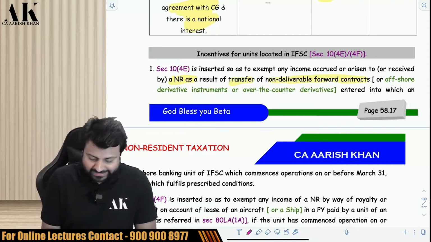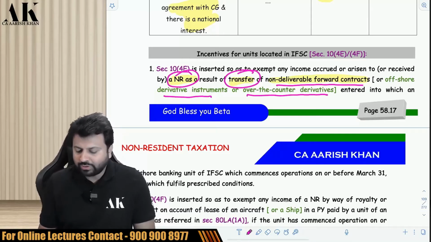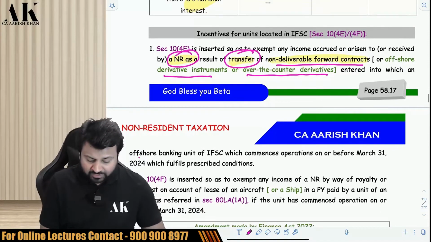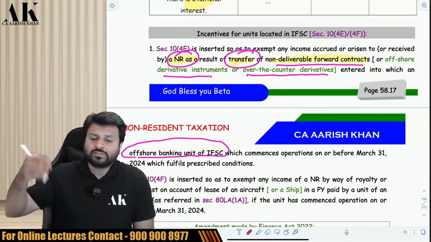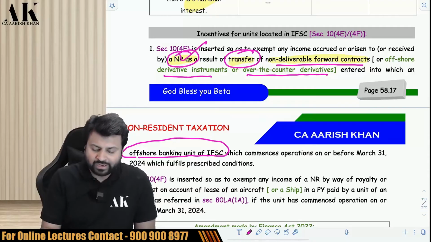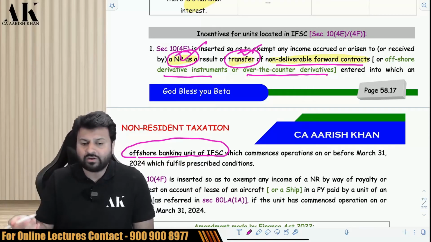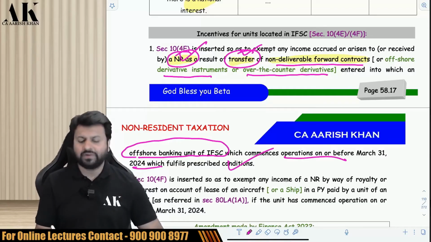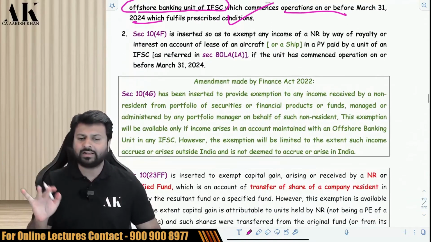So if a non-resident is transferring non-deliverable forward contracts or offshore derivative instruments or over-the-counter derivatives, you might have heard about all those things in your SFM paper, entered into with an offshore banking unit of an IFSC, and which commences operations on or before 2024, then whatever capital gains arise out of the transfer will be exempt under the income tax law.